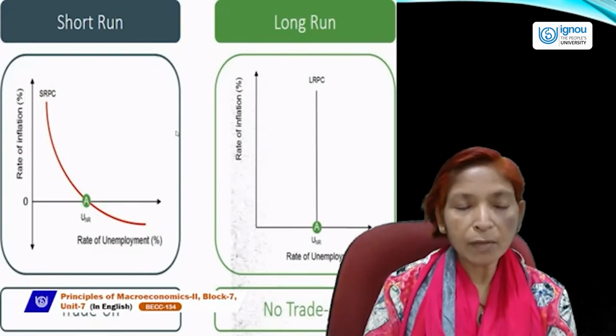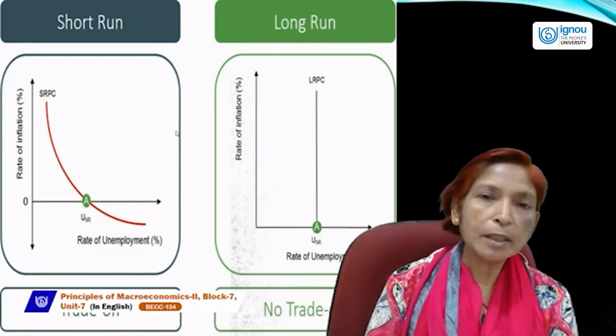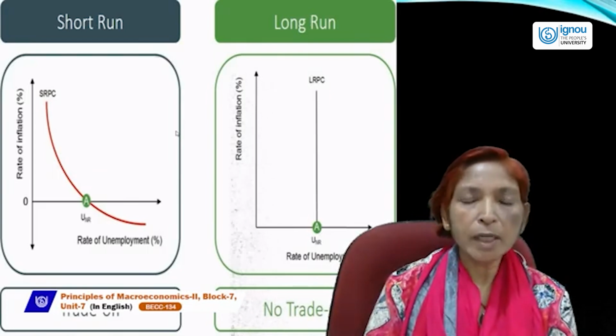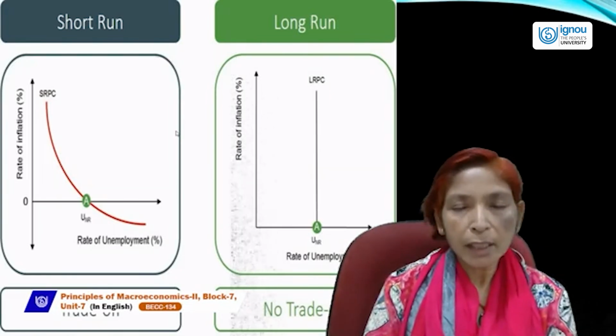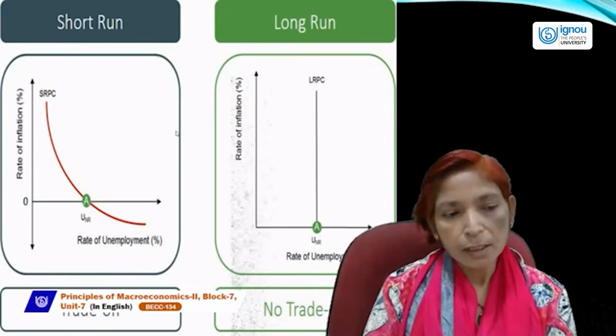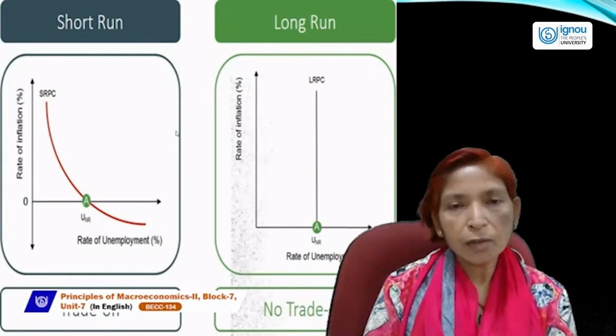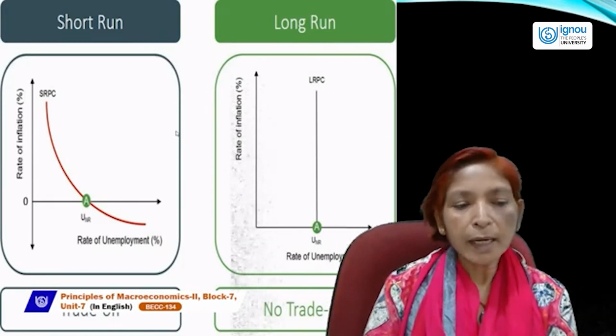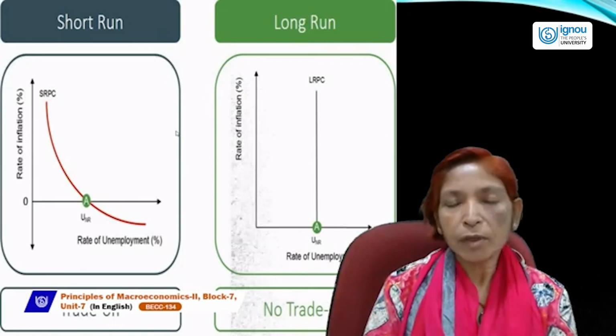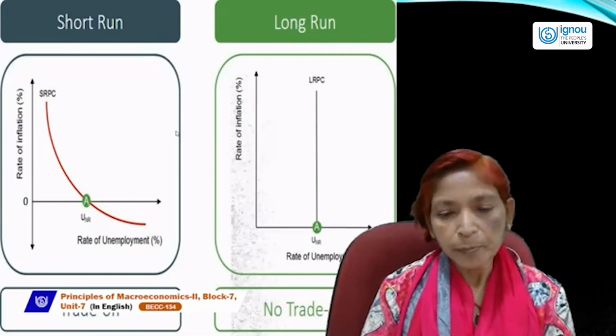It means that at the level of full employment, 5% to 6% unemployment can exist. That is called the natural rate of unemployment, and beyond that the inflation rate will be negative. In that case the unemployment rate will increase.